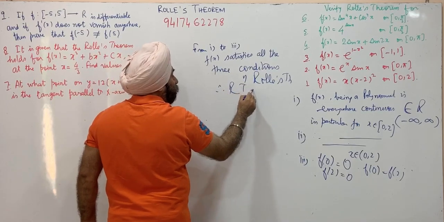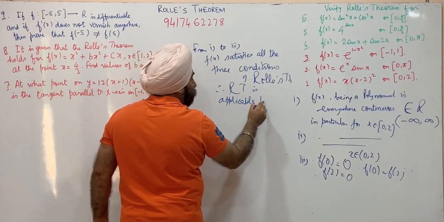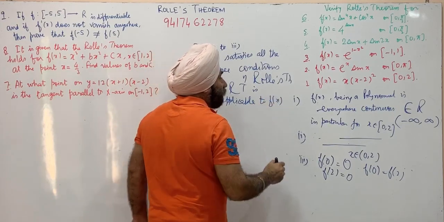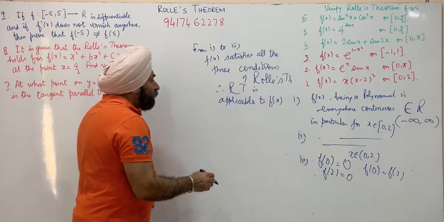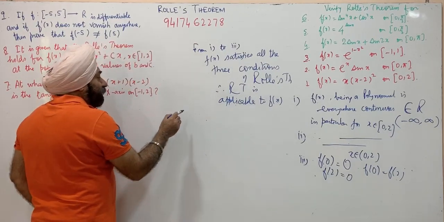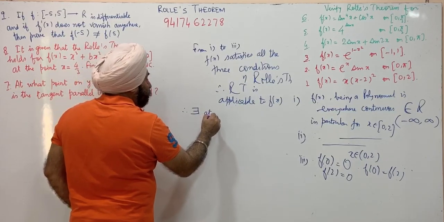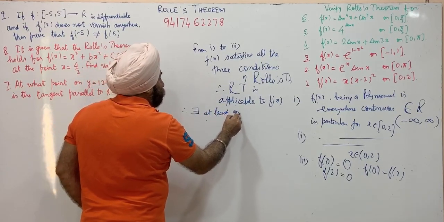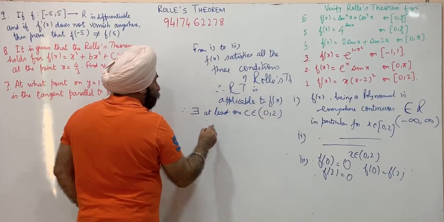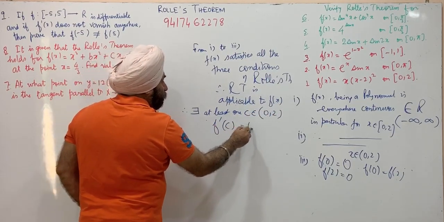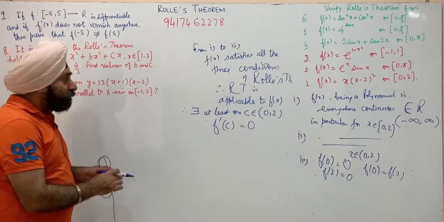Therefore Rolle's theorem is applicable to f of x, and this means the result of Rolle's theorem is applicable. Therefore, there exists at least one C which belongs to, in this case, the open interval 0 to 2, where f dash of C is equal to 0. Now this will give us the value of C.